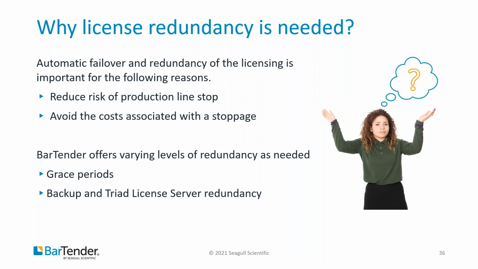We don't want their warehouse, where they're sending logistical items out, to be at a stop simply because the barcode labeling system is not able to get printer licensing. And of course, the customers want to avoid the costs associated with such stoppages. If they can't print, this is going to cost them money, so we want to avoid that.